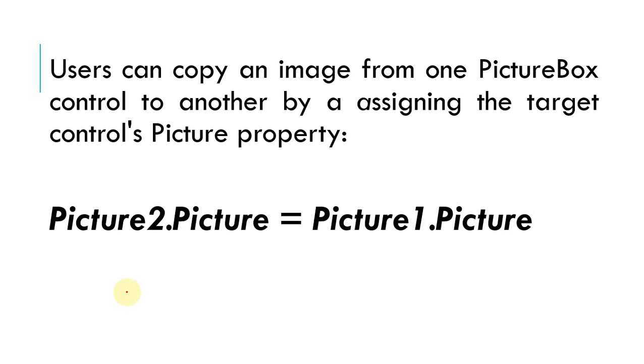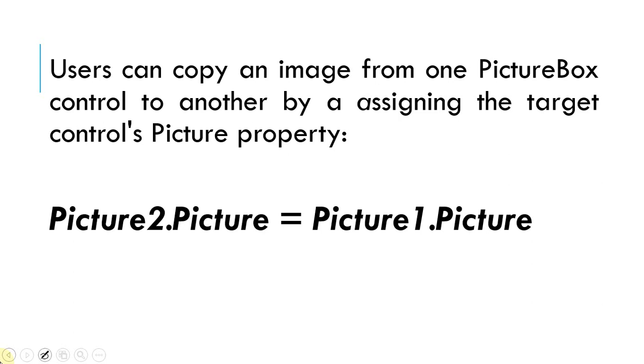Next, users can copy an image from one picture box control to another by assigning the target control's picture property. So the sentence is very lengthy, but the meaning is very simple. Similar to variables, you can copy the value of one variable to another, isn't it?